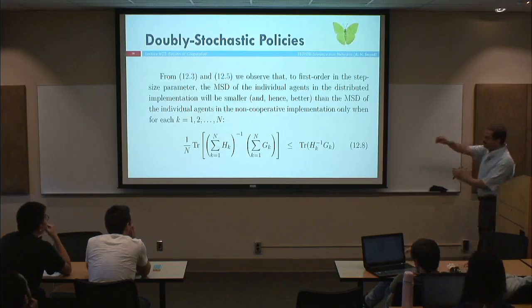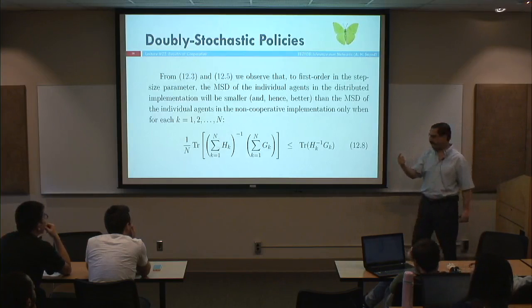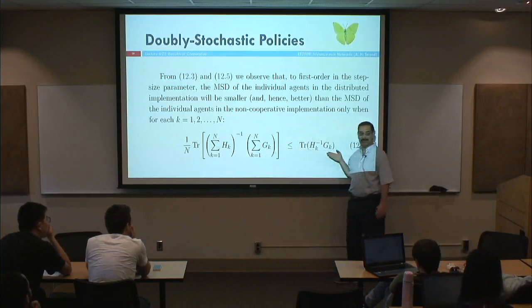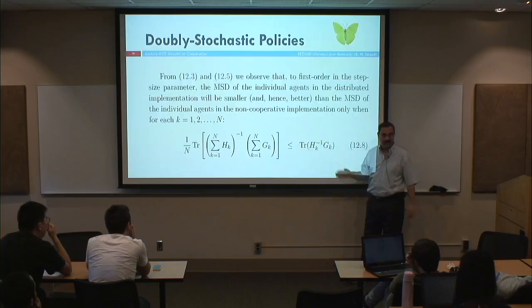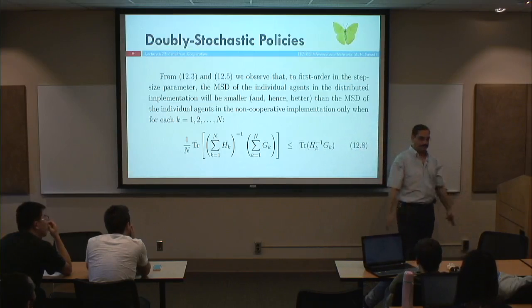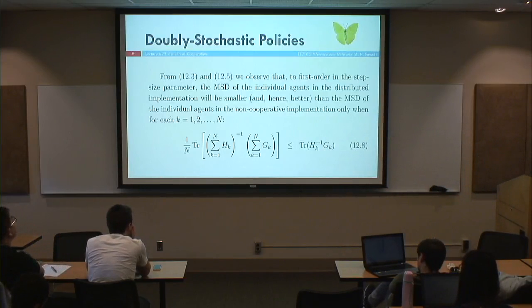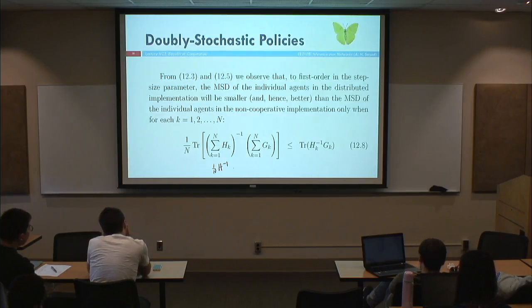So I'm now focusing on the individual agent performance. When is this smaller than that? In general, it's not. I gave you examples. In some cases, for example, when this is uniform, what do you get here? You will get 1 over n H inverse. What do you get here? NG.